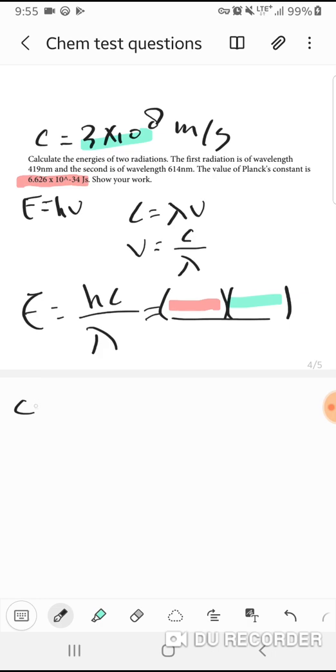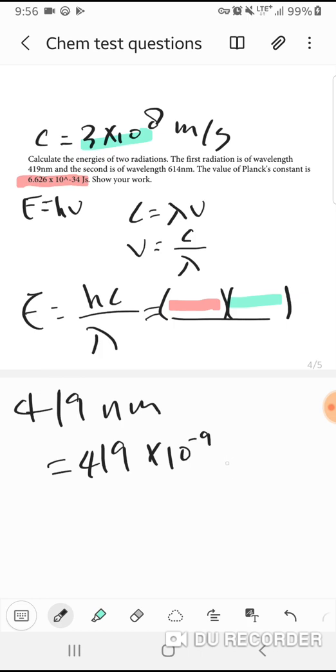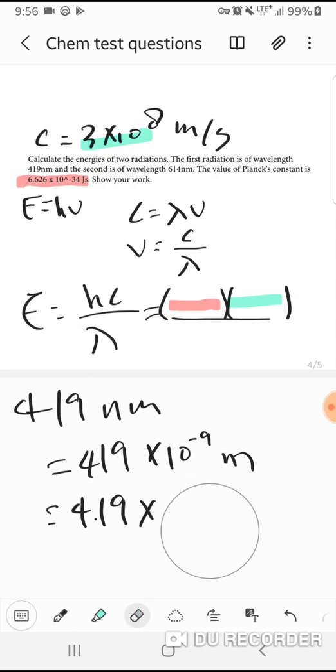So 419 nanometers equals 419 times 10 to the negative 9th power meters, because 1 nanometer is 1 times 10 to the negative 9th power. We don't really have to write it that way, because we'll just put it in the calculator right away.